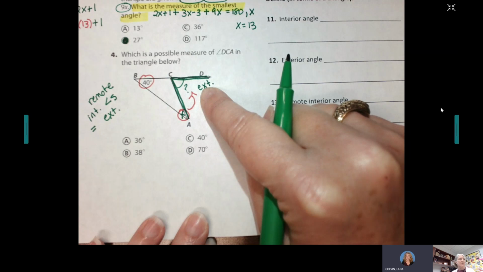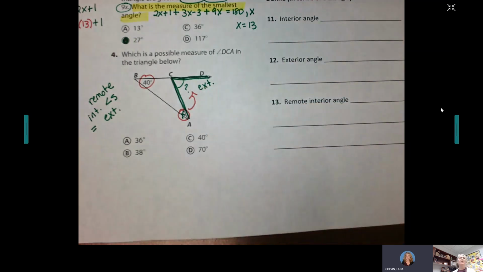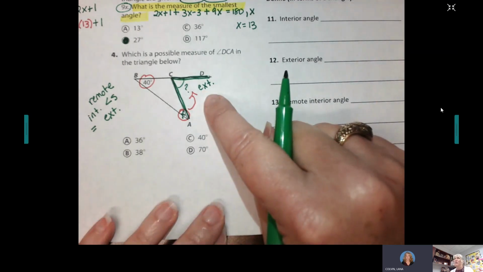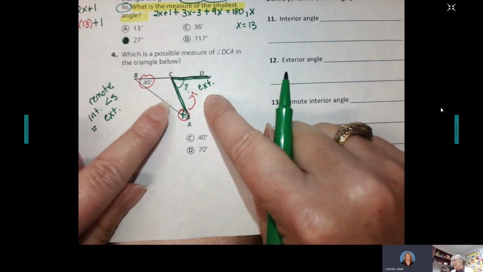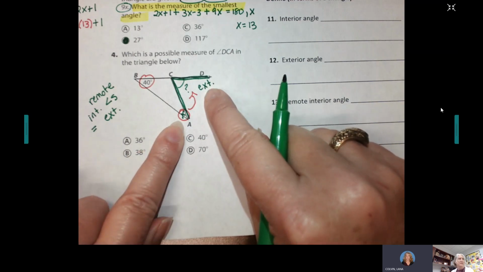Why, Juliana? Why is that not possible? No, it's simpler than that. Why is it not possible for this to equal 36 degrees? 40 degrees plus some other number has to equal 36 degrees. Does that make any sense?